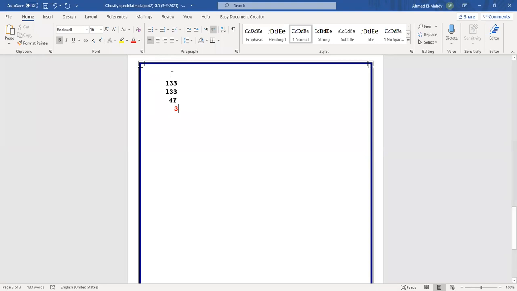Write 3 and carry up 1. 1 plus 3 equals 4. 4 plus 3 is 7. 7 plus 4 is 11. Write 1 and carry up 1 over 1. 1 plus 1 equals 2. 2 plus 1 equals 3. The sum here is 313.